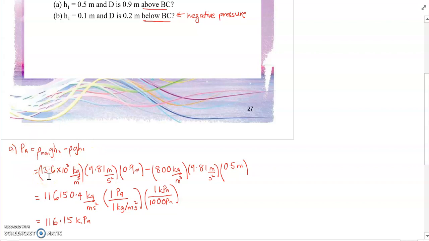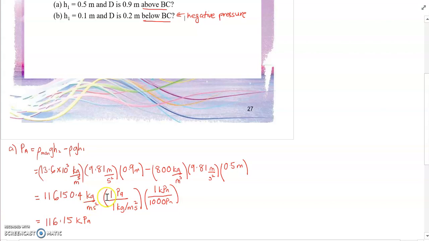Then substitute all the known values in this equation. They give us rho of the manometric fluid as 13.6 multiplied by 10 power of 3 kg per meter cube, multiplied by the gravitational acceleration 9.81, then the H2 is 0.9 meter, minus rho GH1. So you will get 116,150.4 kg per meter per second squared.